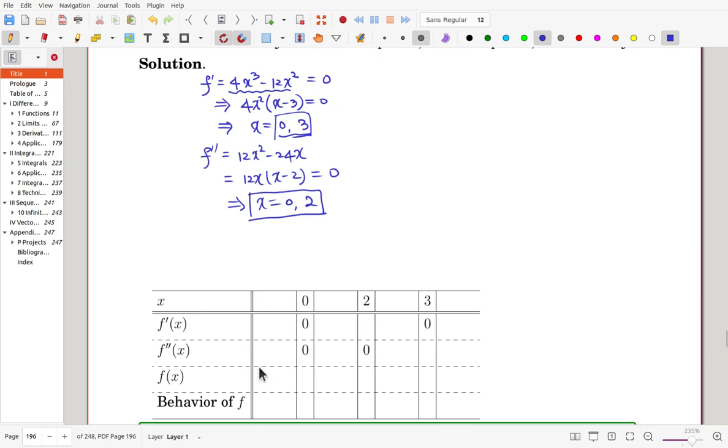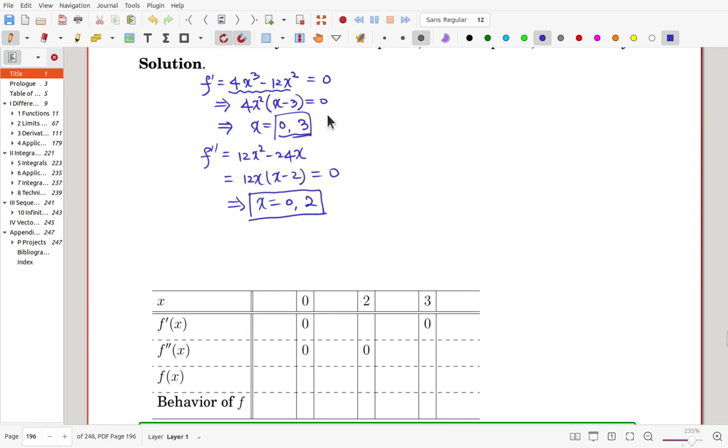Now, around 0, 2 and 3, we can see the signs of f prime.